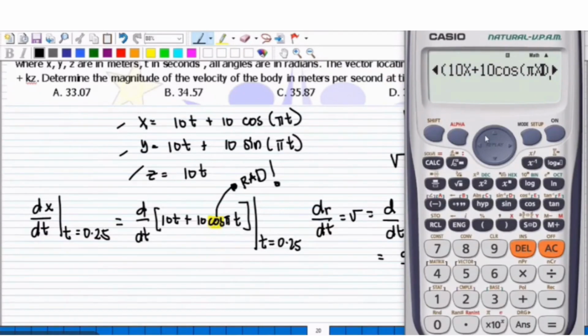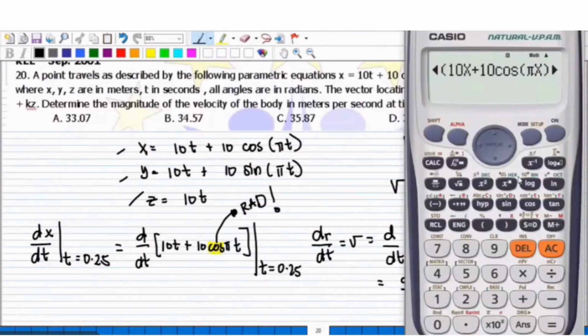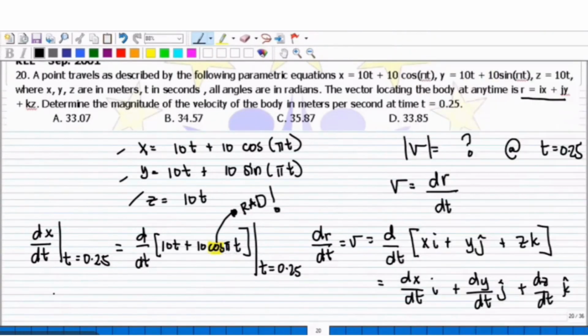Dalawa po yung nag-open dito, isa lang yung sa kabila, so magdadagdag pa tayo ng isa. At time t equal to 0.25. Pi lang. So, press natin yung equal. That is negative 12.214. So, dx/dt now is equal to negative 12.214.